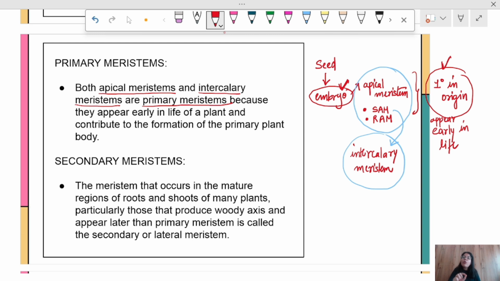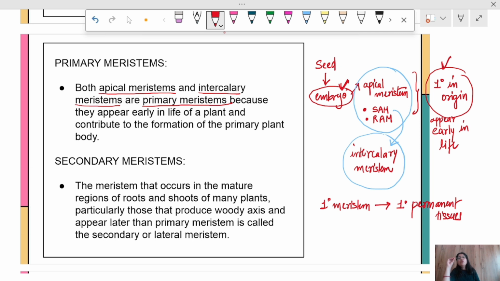And always remember, primary meristem always forms primary permanent tissues. Parenchyma, collenchyma, any kind of primary organ which you can see in the plant, leaf, green stem, young root, all of these things are developed because of these meristems.